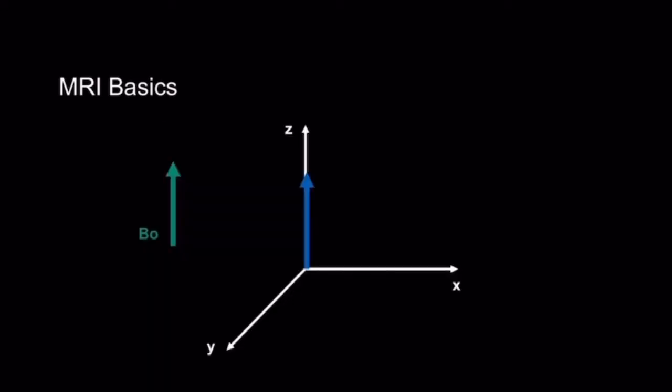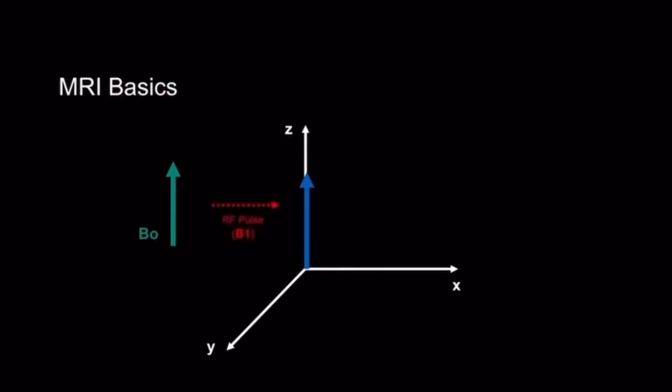Let's look at that in another way. Instead of looking at it in the magnet or on an MRI diagram, we can look at it on this XYZ Cartesian system. So again, the magnetic field here is in the direction of the Z-axis, which is down the bore of the magnet. The net magnetic moment is going to be in the direction of the main magnetic field, shown here as a blue arrow.